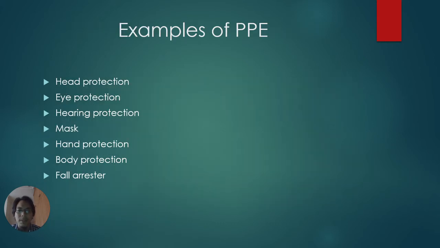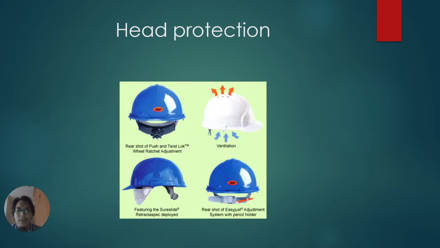Examples of PPE. We are going to look at a few equipments that can be used as head protection, eye protection, hearing protection, mask, hand protection, body protection, and fall arrestor. This is the normal hard hat that is used in the construction industry.